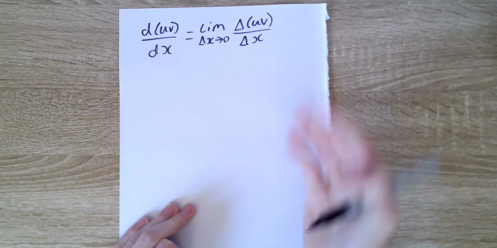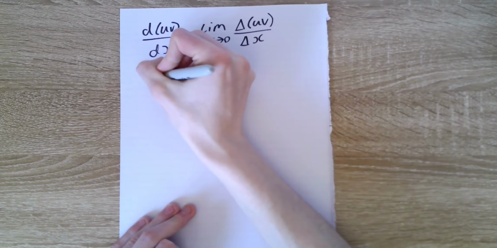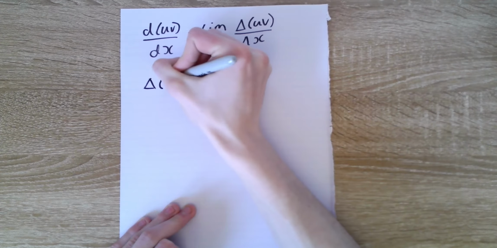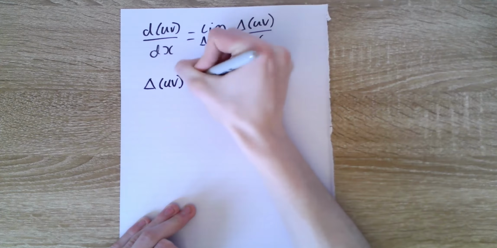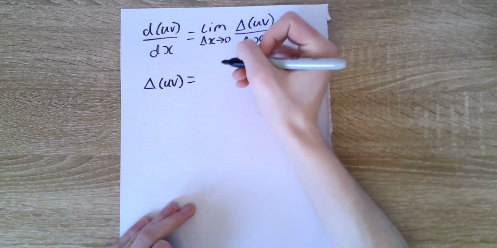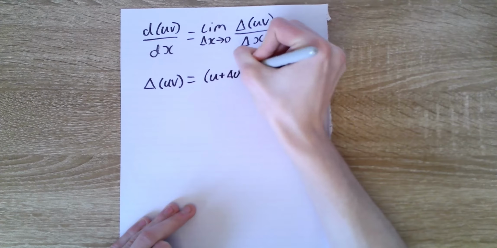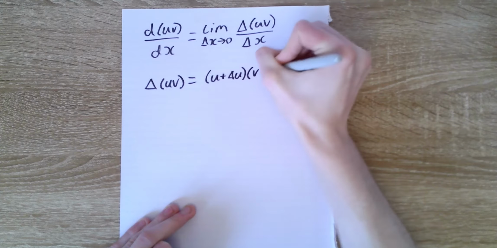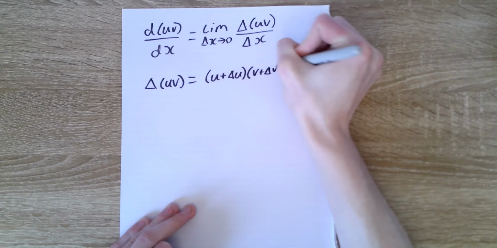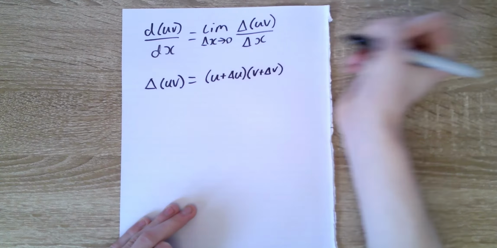Now, if we consider what delta(uv) actually is here, it's going to be the new uv after the small change, so (u plus delta u) multiplied by (v plus delta v), and then minus the initial uv, so minus uv.